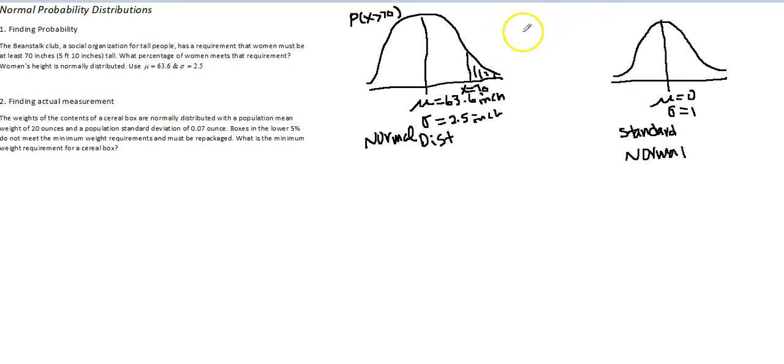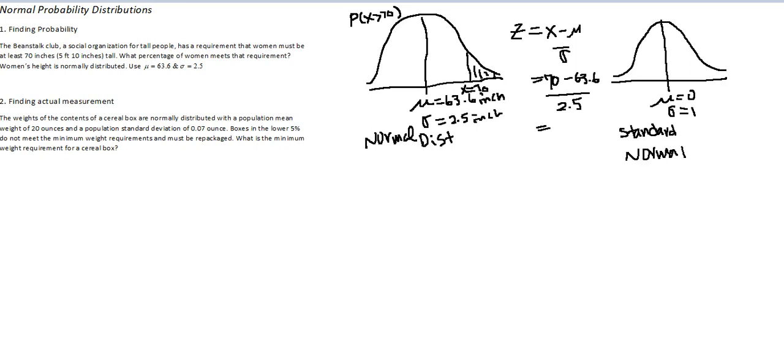So now we have a conversion formula that we talked about in class. So z is equal to x minus mu divided by sigma. So here x is 70, and mu is 63.6, and divided by 2.5. Okay, so that will give us the z-score here.